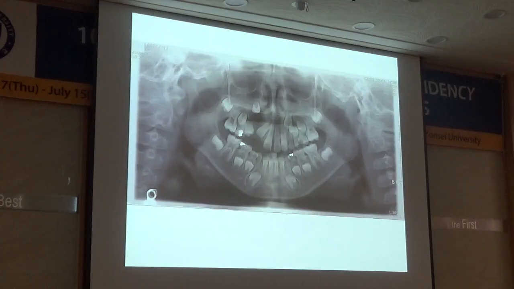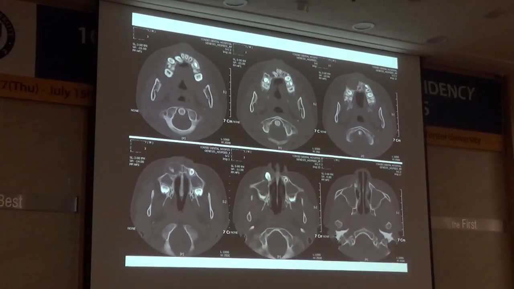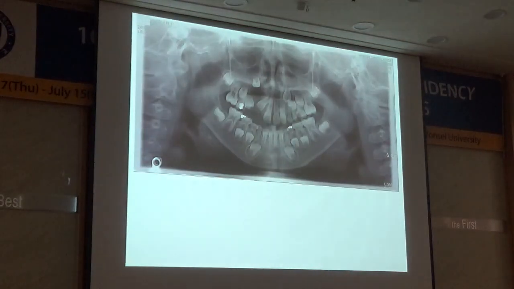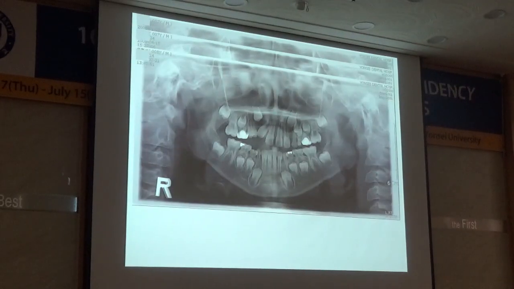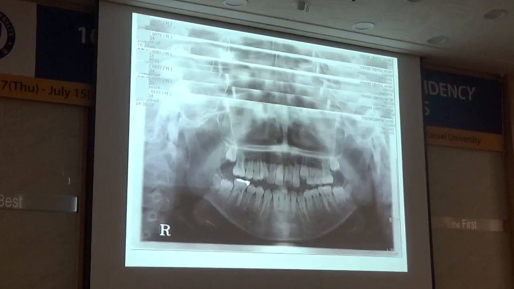This is another case also. This is a 7-year-old boy, and there is a high impacted canine. Very similar case. We do the same thing: we delivered a removable appliance which contained some kind of tube. The tooth moves like this, and the final result is like this.